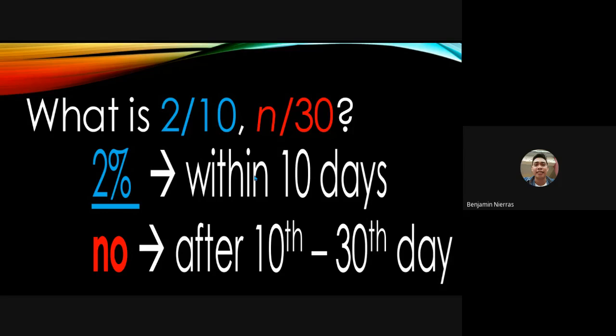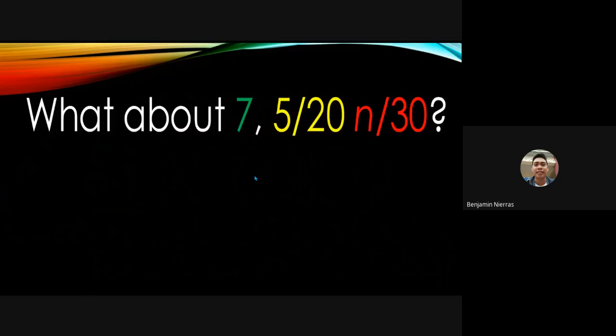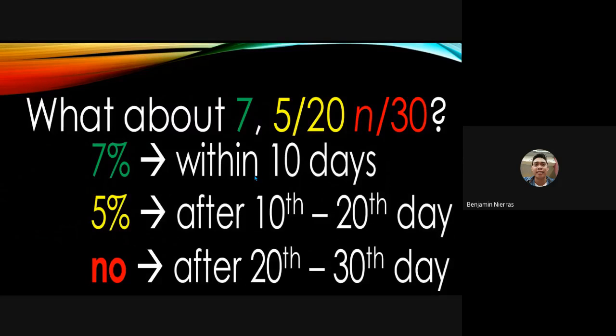Minsan may mga ganyang napag-uusapan between the seller and buyer. And sometimes they have the terms 7/10, 5/20, n/30. So what about 7/10, 5/20, n/30? So meaning, 7% within 10 days. Sir, bakit ba laging 10 days? Lagi po talagang 10 days. And 30 days ang maturity date.